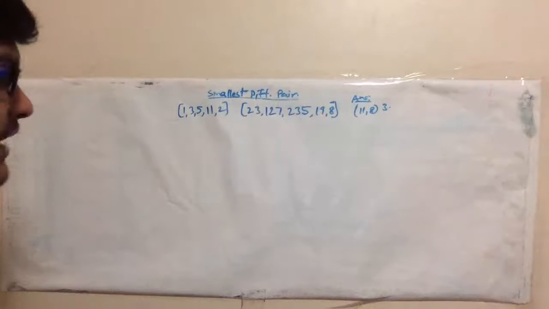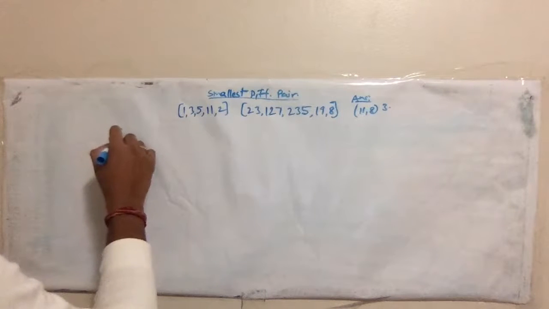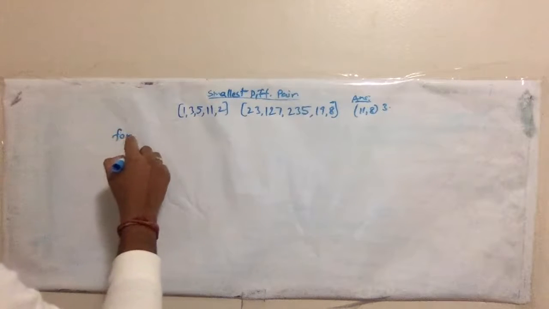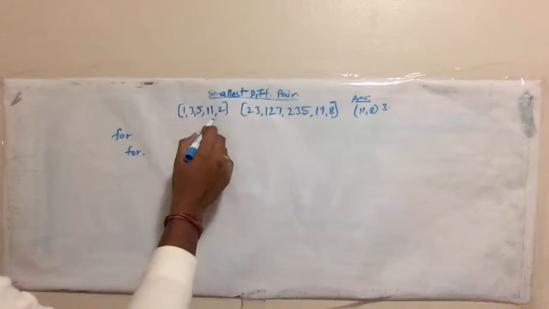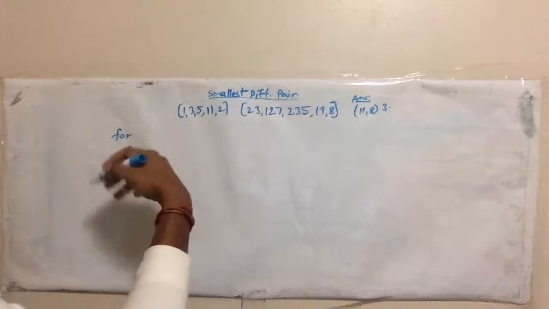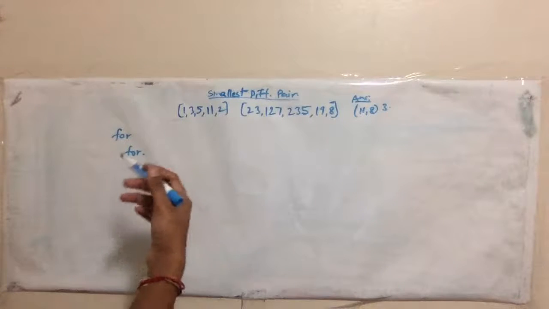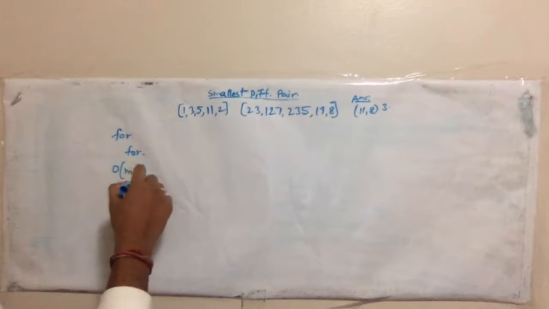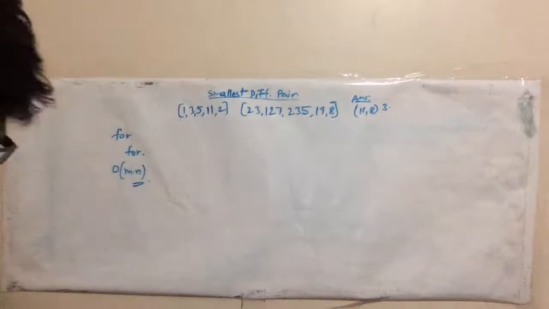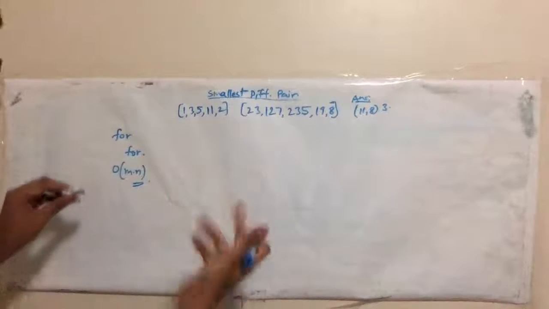Basically a naive method of solving this is just creating two for loops and checking all the possible combinations. The outer loop will run for m times, and the inner loop will run for n times. So it is of complexity big O of mn, because the two arrays need not be equal, but in this case it became equal.